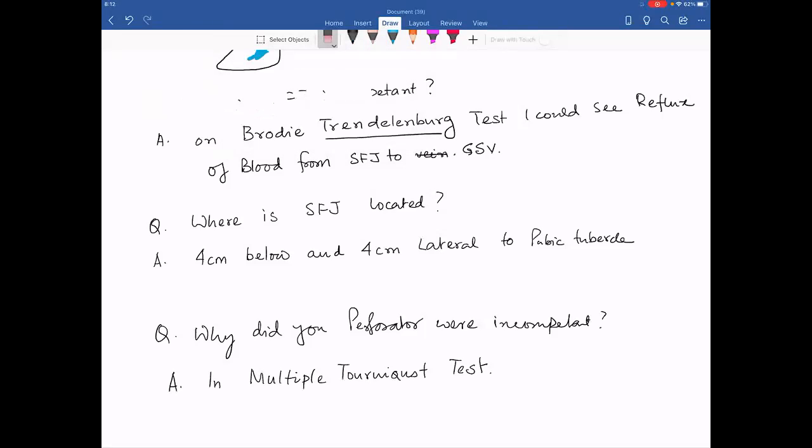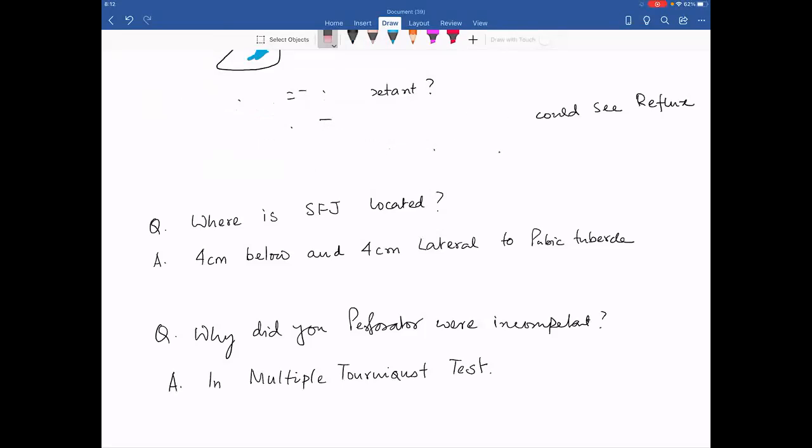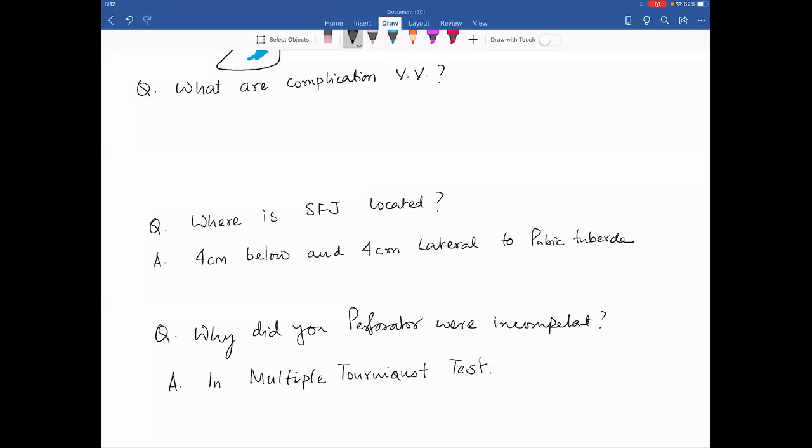Now the next question is, what are complications of varicose veins? VV is varicose vein.